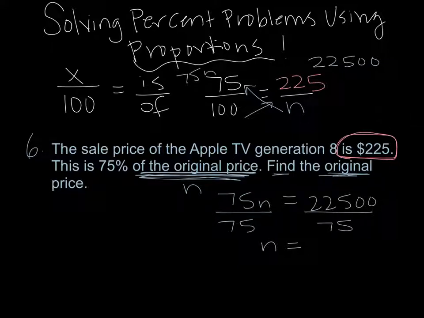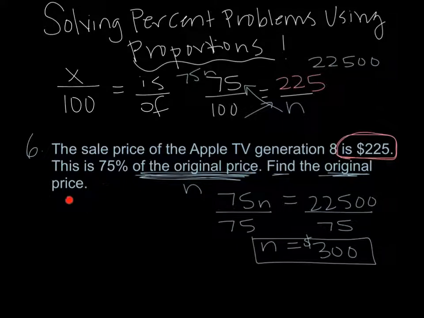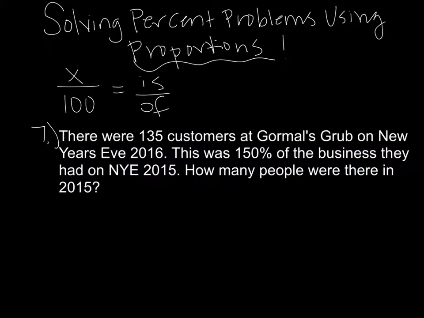I'm allowed to use a calculator if I've done all that. And 22,500 divided by 75 is 300. We're talking money. Put a label. What does that mean? It means that the original price of the Apple TV Generation 8 was $300. We're paying $225 of it. It's definitely on sale.